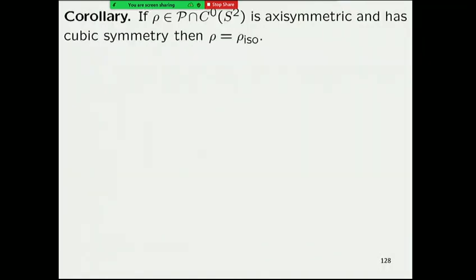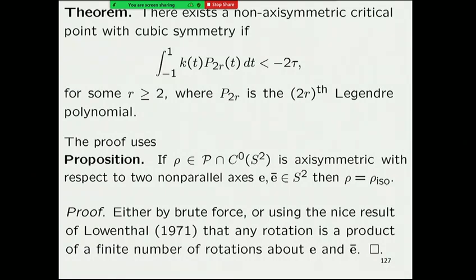Now, that means that if rho is continuous and it's axisymmetric and has cubic symmetry, then it is isotropic, because if you have cubic symmetry, then you are invariant to rotations, because it's a function of two orthogonal directions.